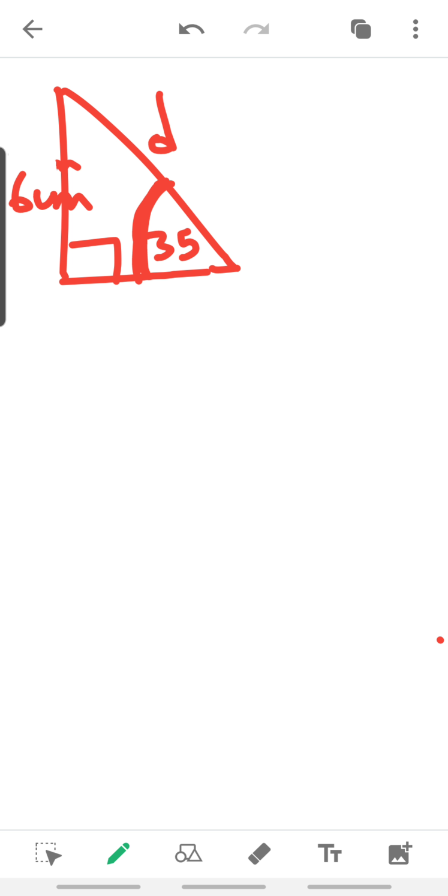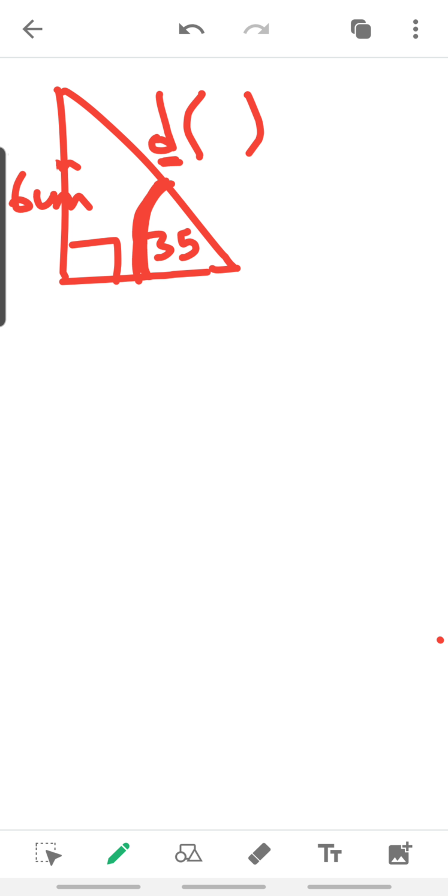Let's look at the two pieces of information that we were given. We were given this D. We don't know what it is, but we know that it's a part of our question. So let's try to identify what we would call this D. Is this our opposite? Is this our adjacent? Is this our hypotenuse?